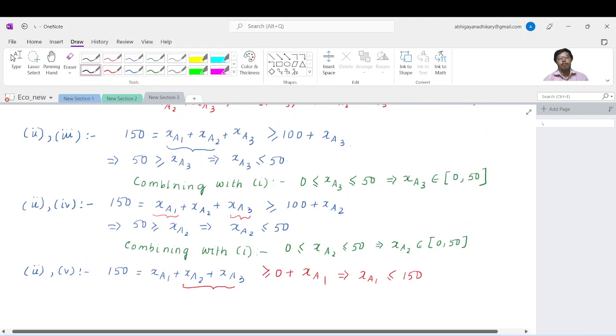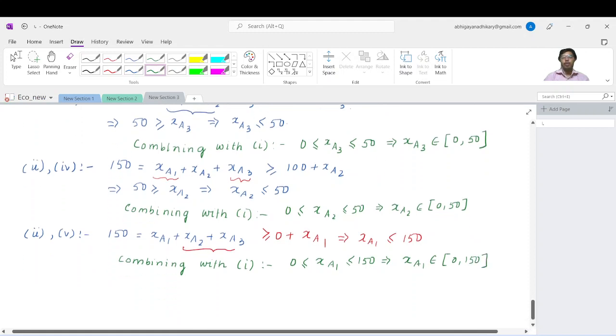And again we have from equation 1 a lower bound, so we just combine it. What do we get? 0 is less than or equal to x of a1, which is less than or equal to 150. So x of a1 will belong to 0 to 150. So we have got a range for all the possible payoffs.